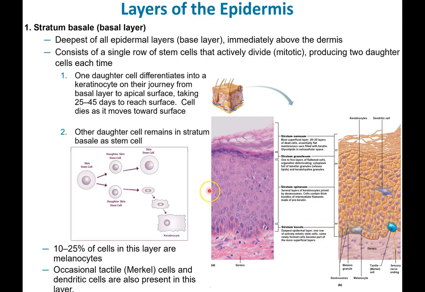The stratum basale consists of a single row of stem cells that are mitotically active, continually dividing and producing two daughter cells from each original stem cell. Recall that a stem cell is a non-terminally differentiated cell that can self-renew and differentiate into specialized cell types.